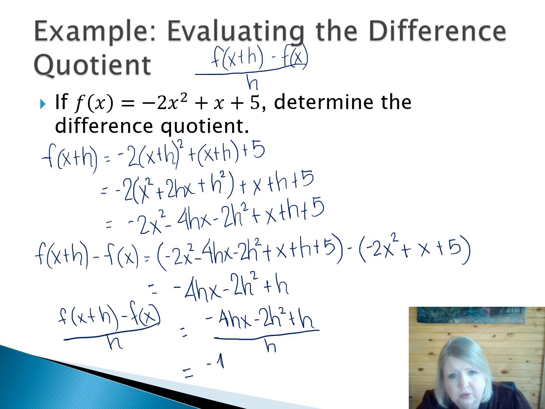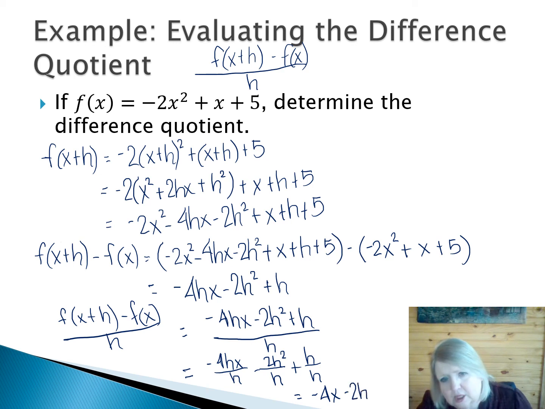So that'd be negative 4hx over h minus 2h squared over h. And I hope you will learn to skip this step. Plus h over h, which the h's cancel, leaving negative 4x. One h cancels here, leaving minus 2h. And h over h is 1, so plus 1. So my difference quotient is there.